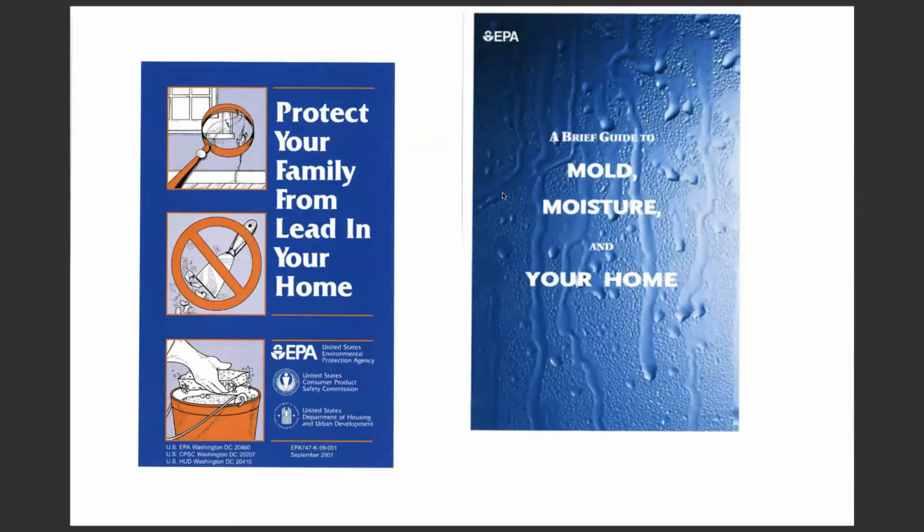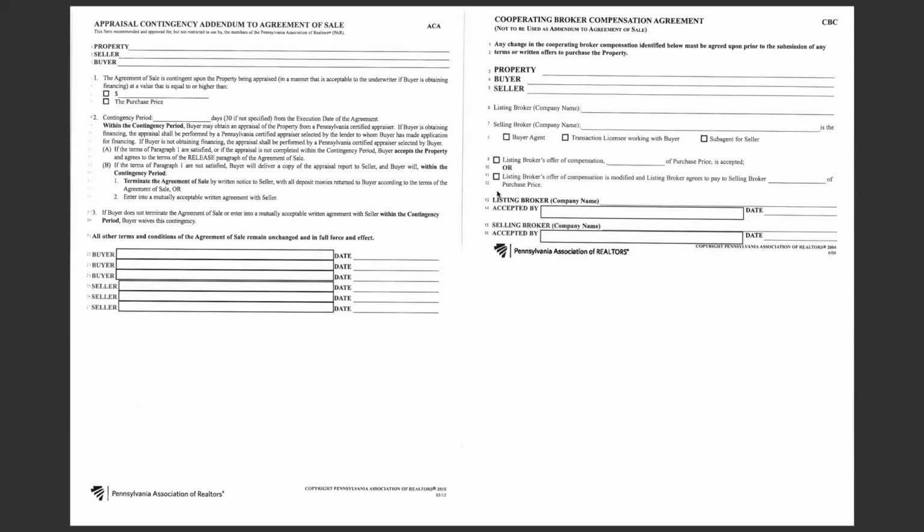Now, I've said this before, when you are representing a buyer, you need to kill a tree. You need to print out the agent's version of the Bright MLS, indicating what the compensation is to the co-op, the buyer agent.